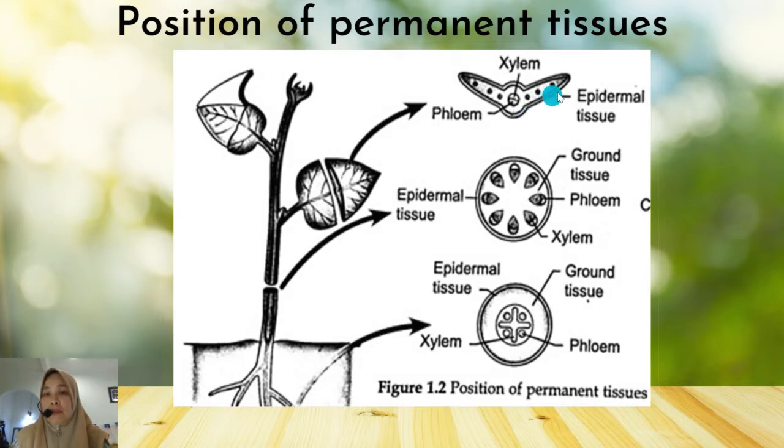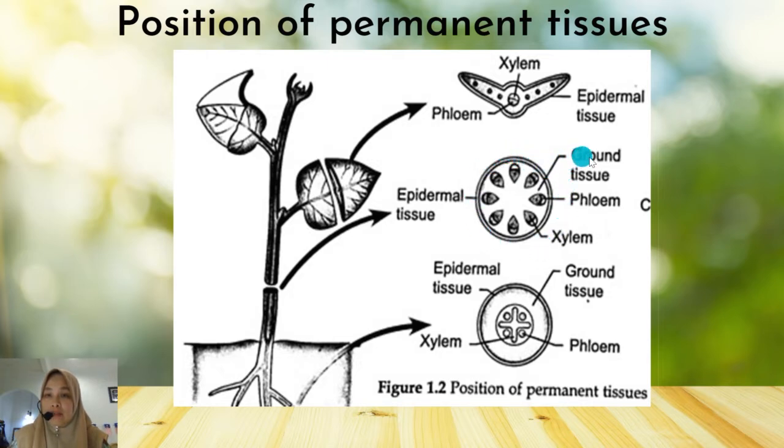They are epidermal tissue and vascular tissue. Inside or between the epidermal and vascular tissue, they are permanent tissue. What about the stem? When we do a cross section on the stem of the plant, we can also find epidermal tissue here.